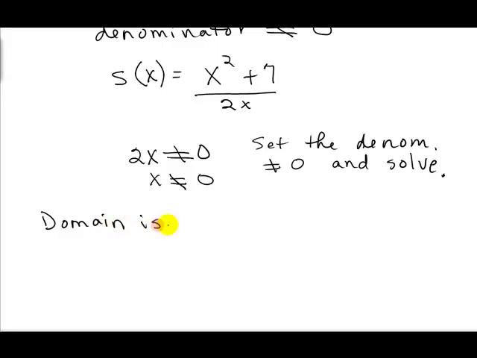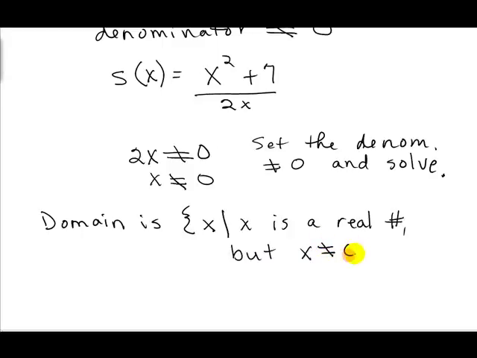Domain is, and then we'll have this set notation to open up. Domain is x such that x is a real number, but x does not equal 0.